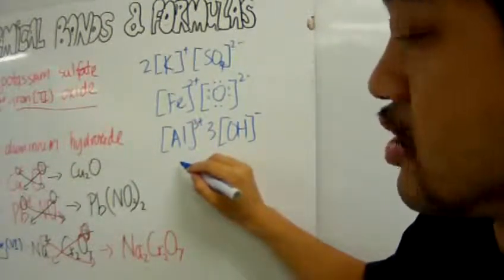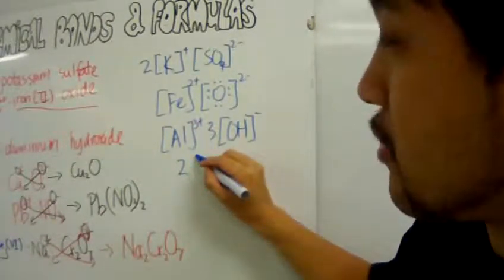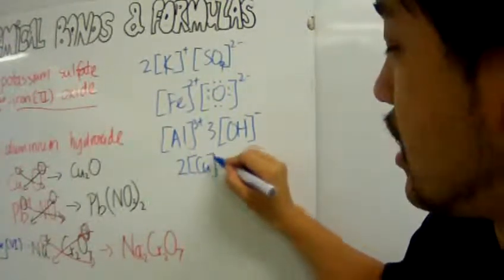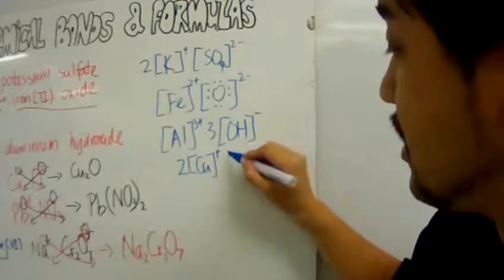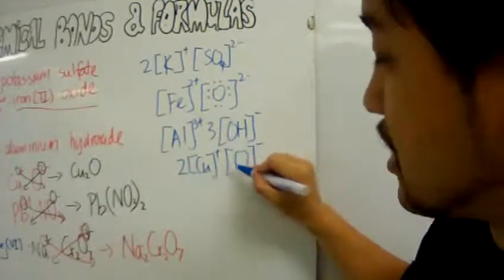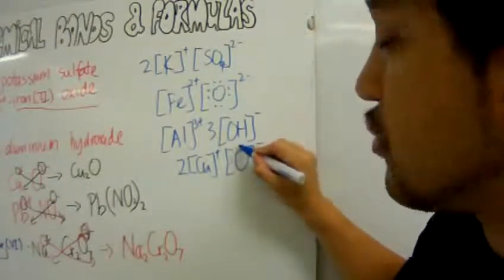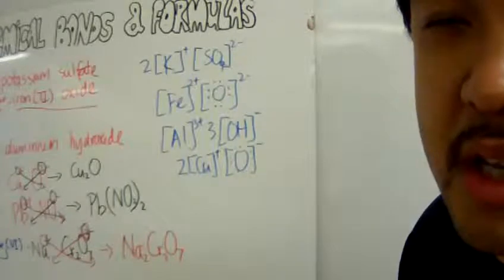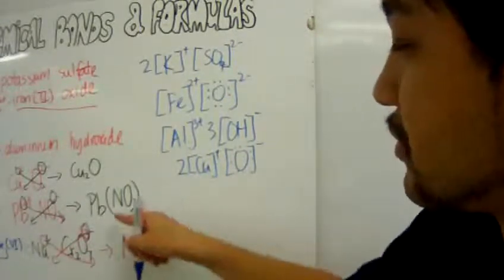Copper(I) oxide, so you need 2 coppers, 2 copper plus ions, and you have 1 oxide, because this is a monatomic anion. Feel free to put in those valence electrons.